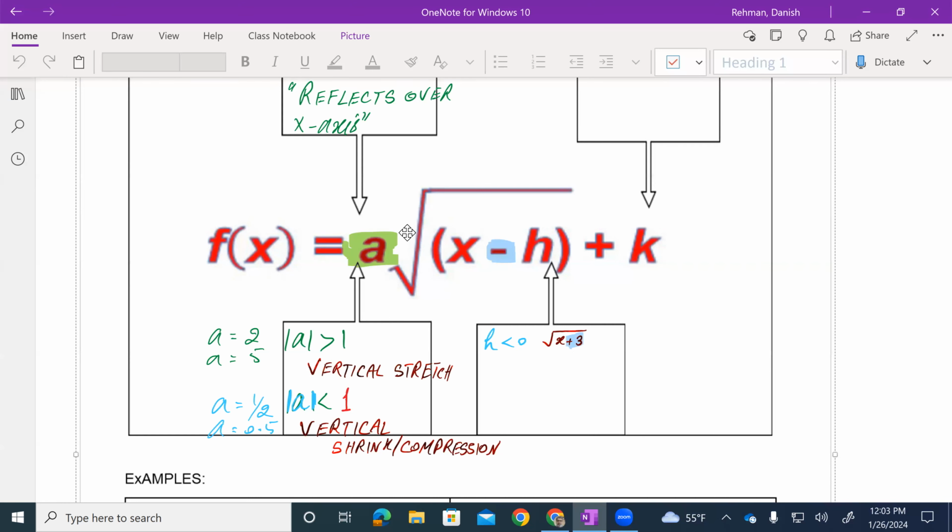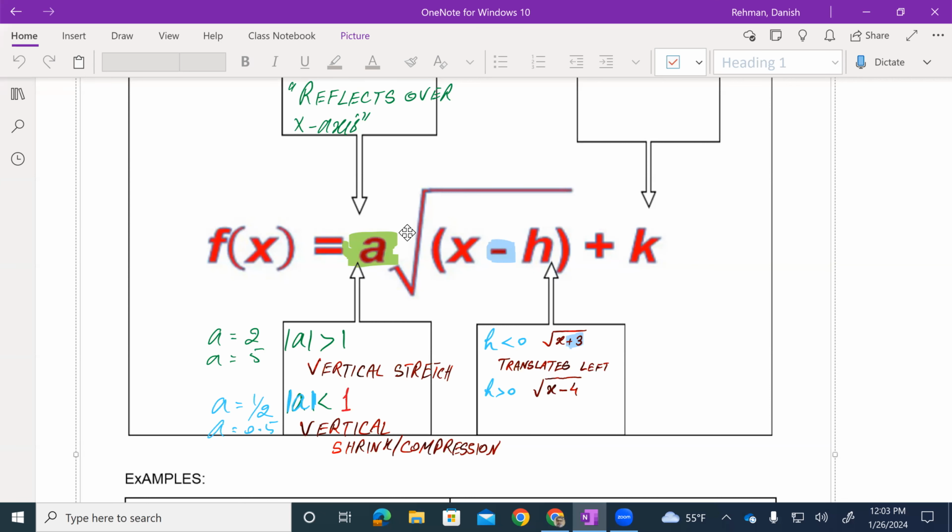In this case, x plus 3, what's the movement? I will claim that if h is less than 0, then the curve translates left. By how many units? In this case, 3 units. And if h is greater than 0, how will that look? That will look like x minus 4.